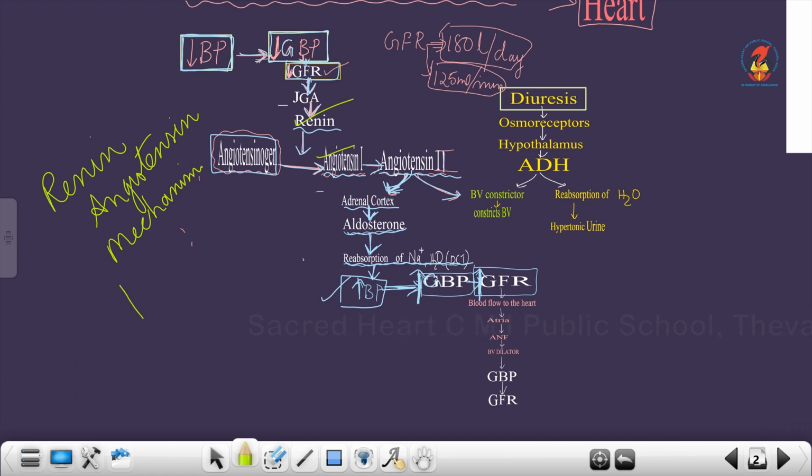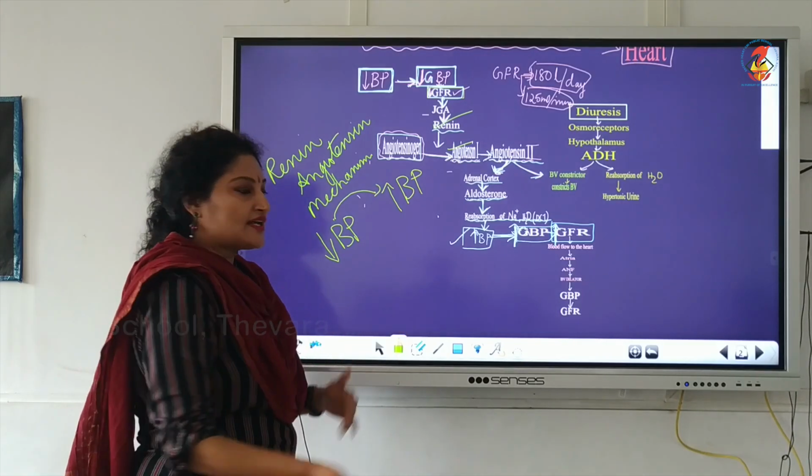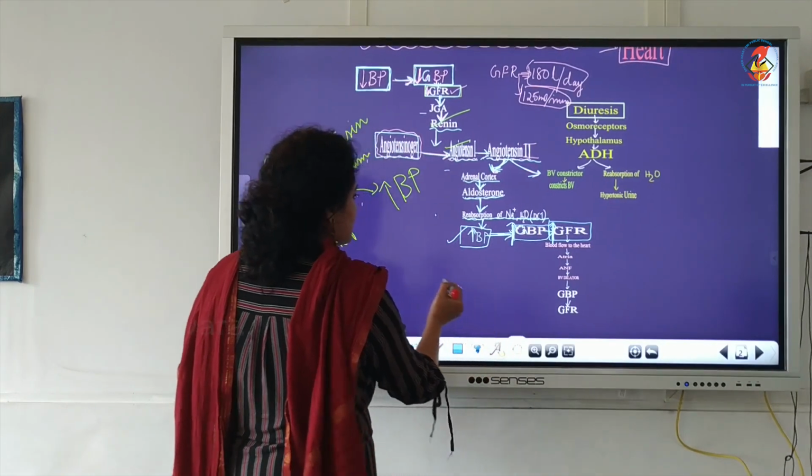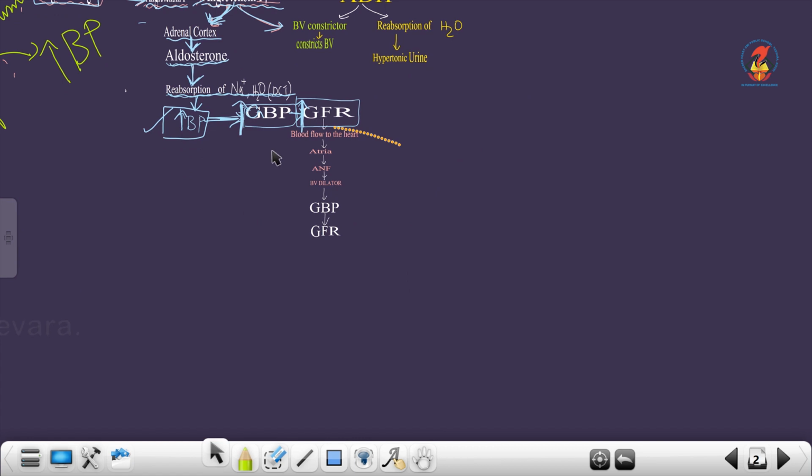The role of renin-angiotensin mechanism, the low BP was rectified and the BP has increased. But can it continue? There should be a stop, switch off. So that switch off is done by the heart. So now we can see the role of the heart. Now what happens?